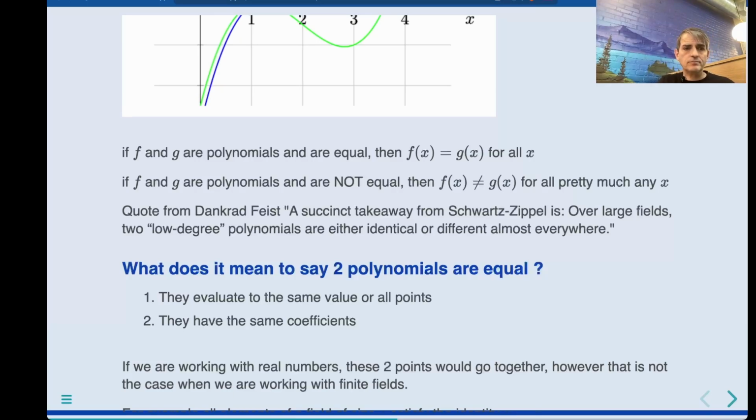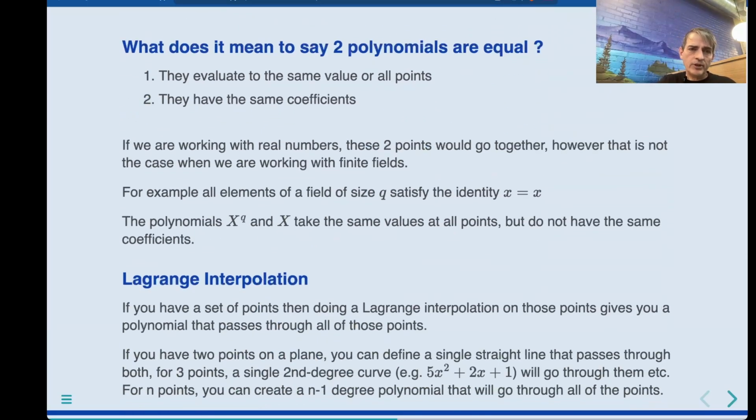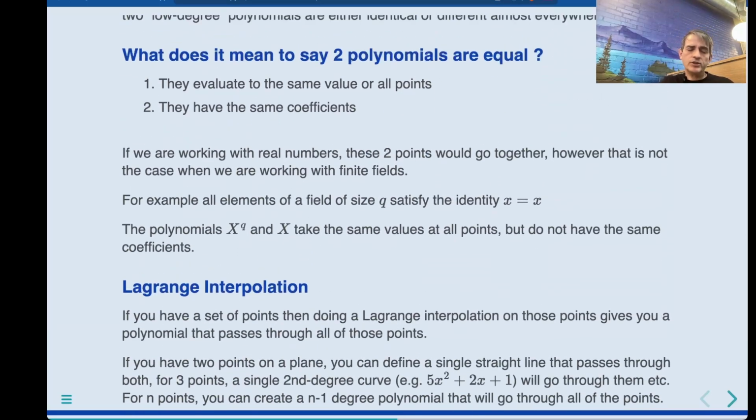I'm not going to go through what it means about them being equal, just to say that because we're doing modular arithmetic on finite fields, sometimes it's not quite so straightforward as you might think to check whether they are equal by inspection, but by evaluation, it makes a lot more sense.